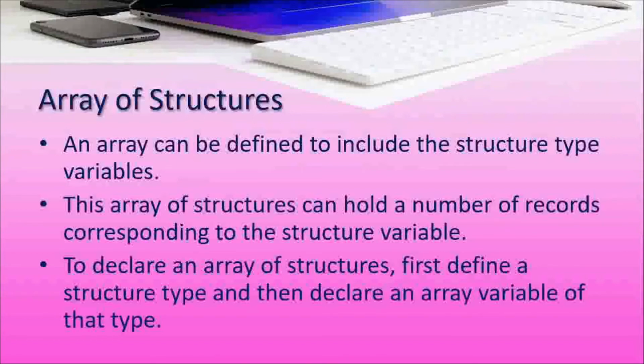If you don't give a tag name, it is still possible to create an array of structures, but the definition will be somewhat ambiguous, and a person who reads the program may not understand it easily. So the array of structures is defined using the second way of declaring structures that we have seen. That is, we use a tag name along with the structure definition, and then using that tag name we declare the array of structures.